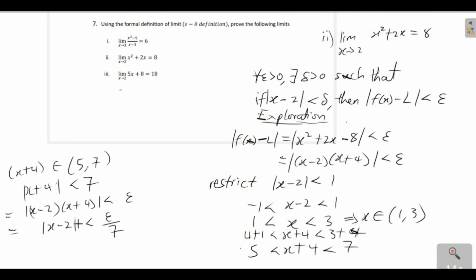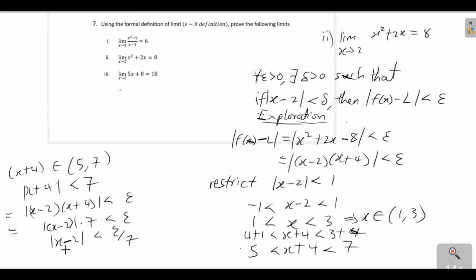Okay, let me make it very simple for you to get it. So this will be |x − 2| multiplying 7 less than epsilon, because I've bounded x + 4 to be less than 7. And I'm going to have |x − 2| being less than epsilon over 7.